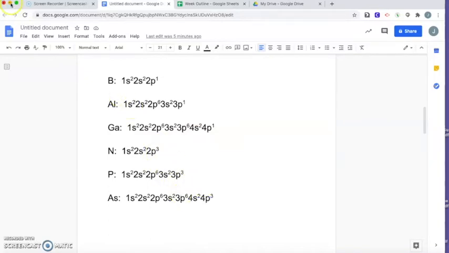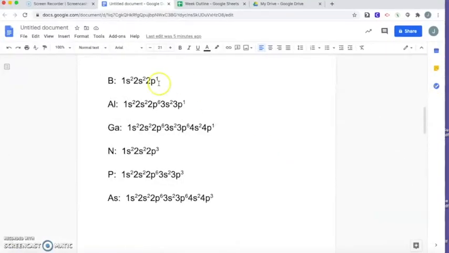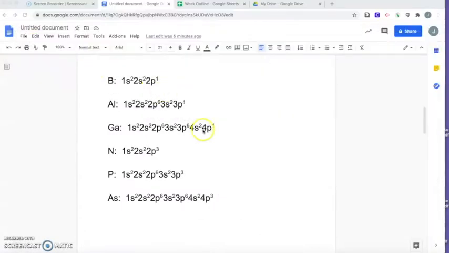And you can see some things that might be common with those. Boron, aluminum, and gallium all end in p1, with a number in front, 2, 3, and 4, matching the rows where they're at.